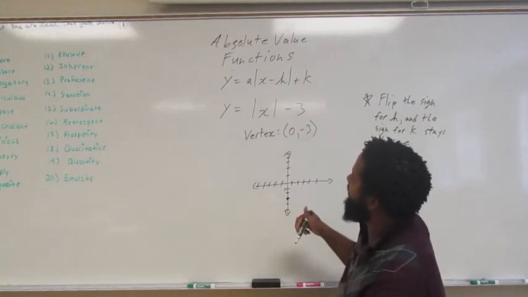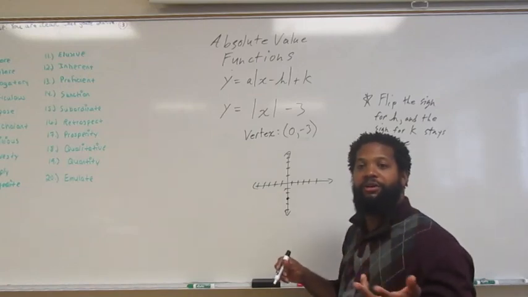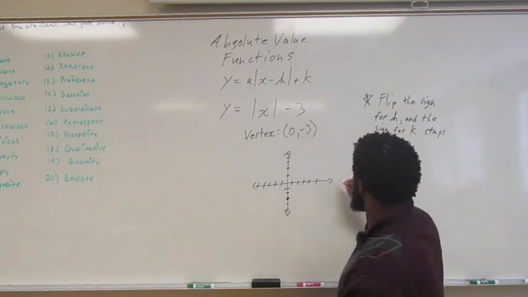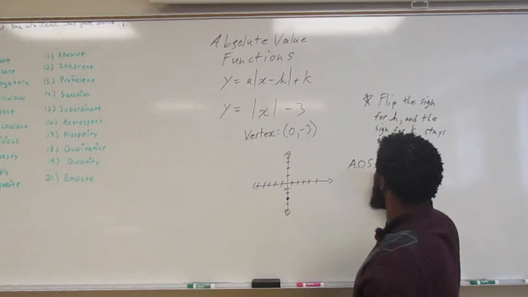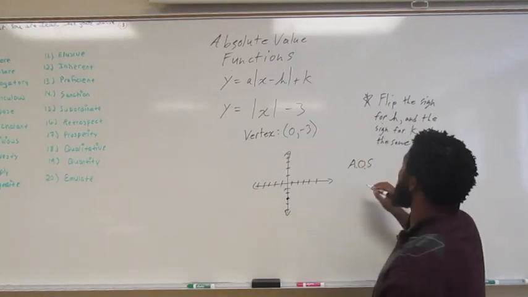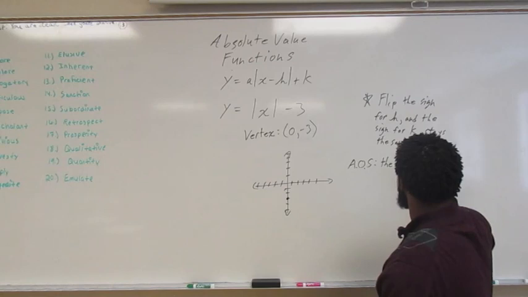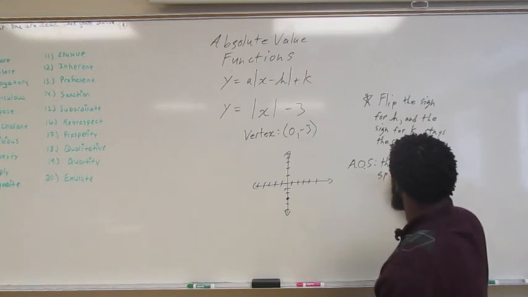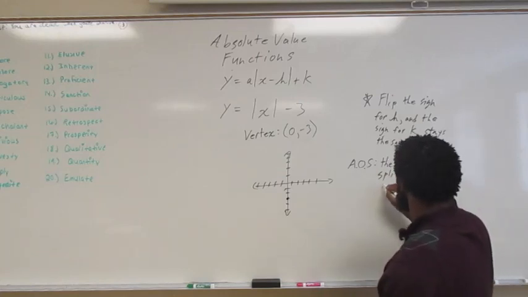You need to understand your axis of symmetry. I'm teaching this to y'all in parts. I'm showing you your axis of symmetry, okay? AOS, axis of symmetry, is the line that splits the function in half.